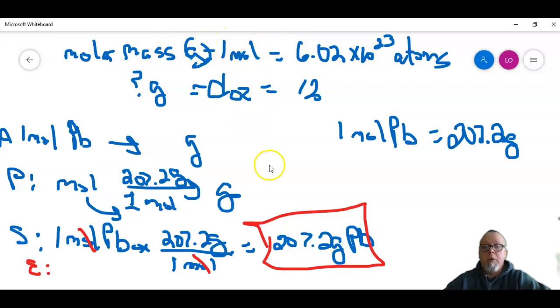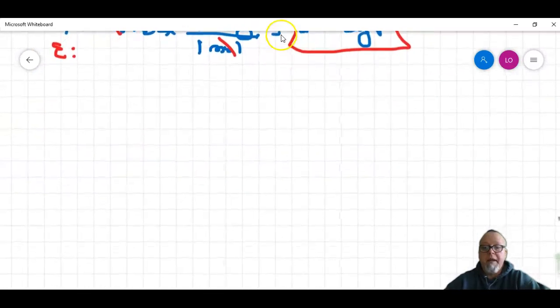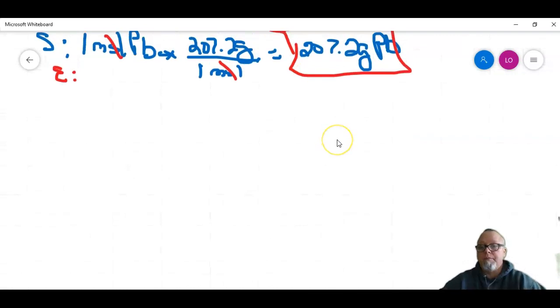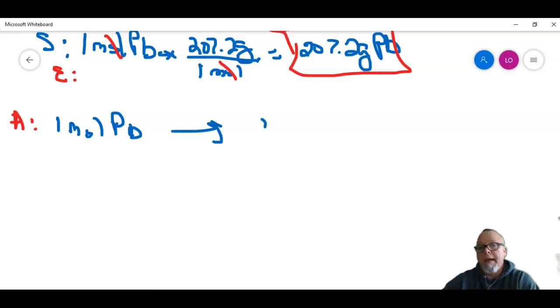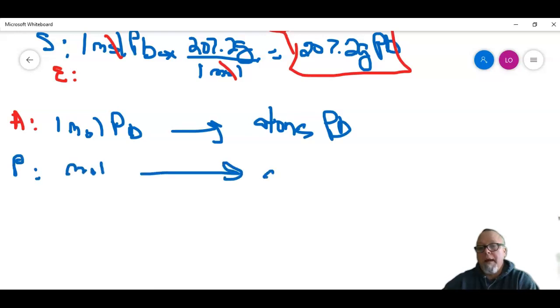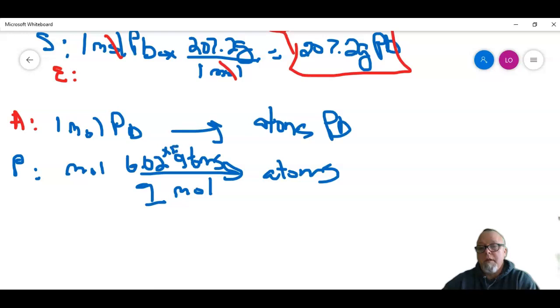So let's talk about 1 mole. How many atoms do I have in 1 mole of lead? So if I analyze the problem, I have 1 mole of lead, and I want to go to atoms of Pb. The problem is I have moles, and I want to go to atoms. And the preceding goes in the denominator, so I put mole in the denominator, atoms in the numerator. And I know 1 mole is equal to 6.02 times 10 to the 23rd.